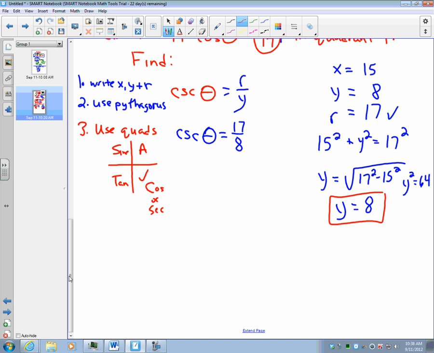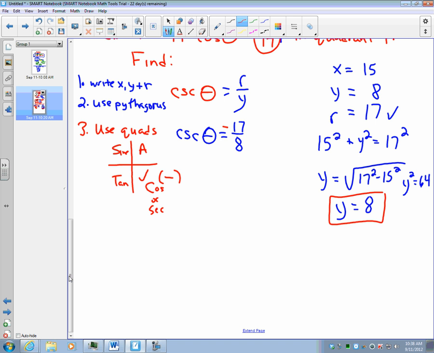So that means this is cosecant. It's not a cosine function. Cosecant is connected to sine. So therefore, it must be negative in here. So we have to add a negative sign. So the last step is we use the quadrants to determine whether we're going to be leaving it positive or making it negative.